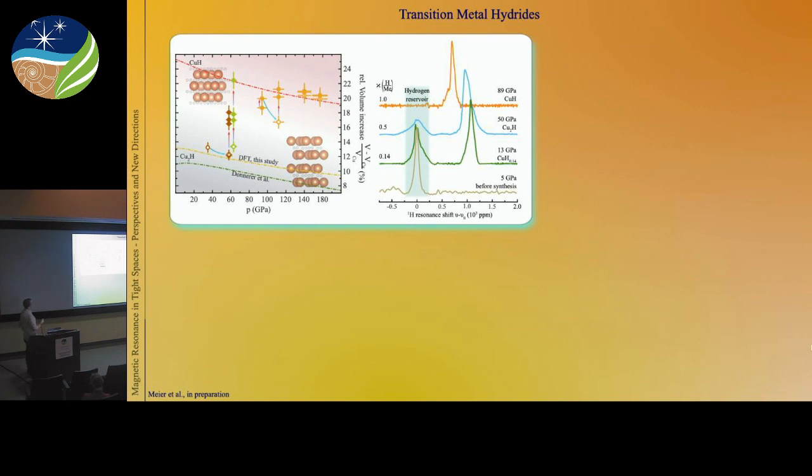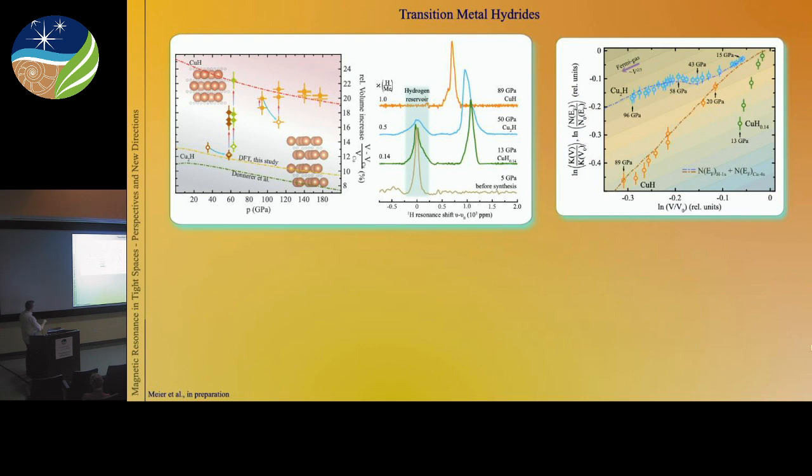We measure shift and relaxation times, plot everything into a power plot, which you can see here. And here again, we have this trigonal phase of CuH, which basically seems to behave exactly like what we just saw with FeH, even with this small kink here.